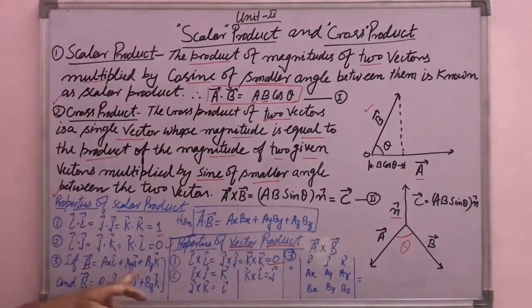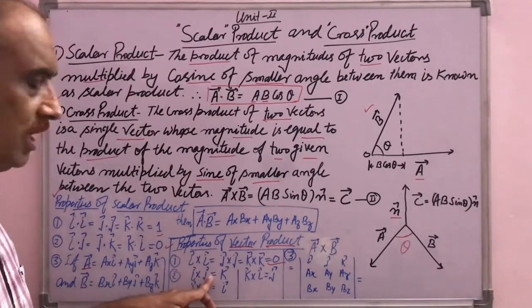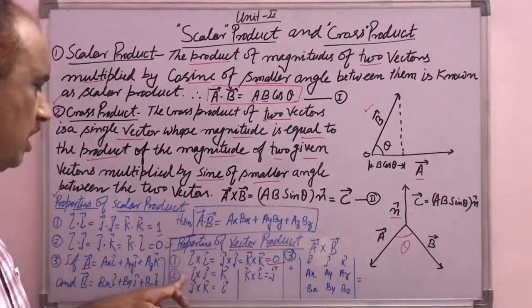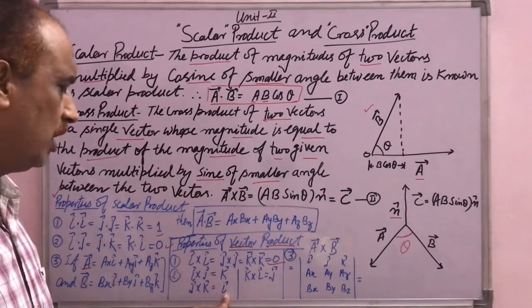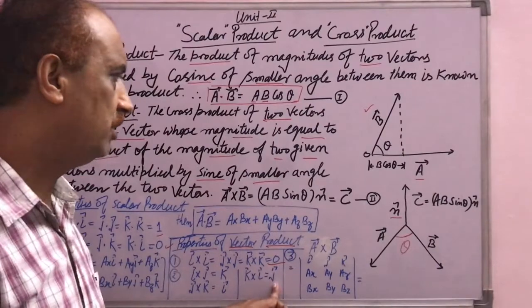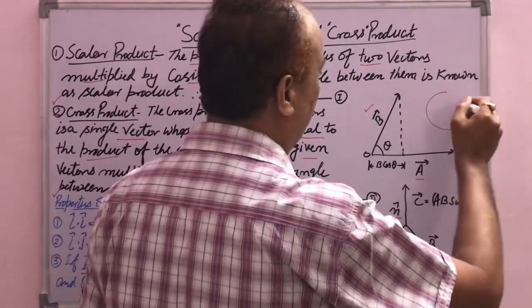But the second property is different. When we multiply i cross j, we get the next third value, that is k. So i cross j equals k vector, j cross k equals i unit vector, and k cross i equals j unit vector. So we have to take the product in a cyclic order.